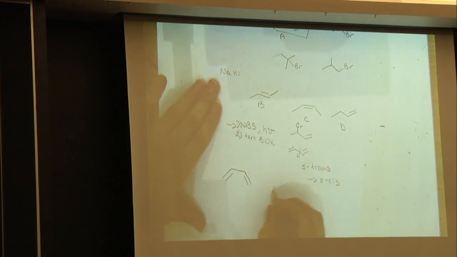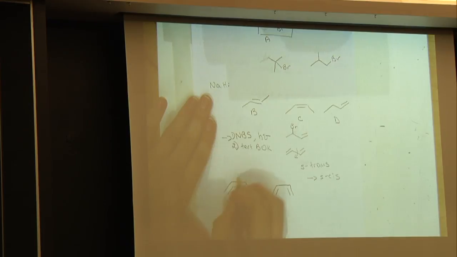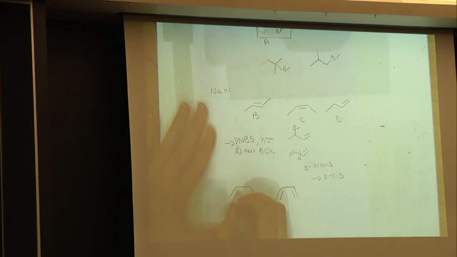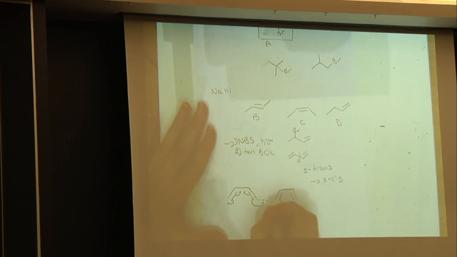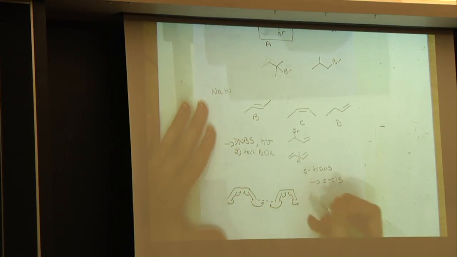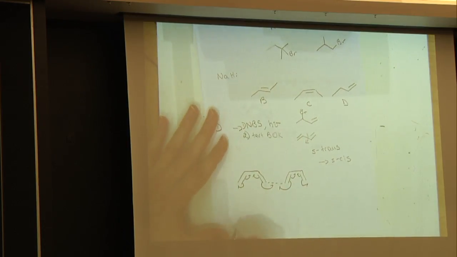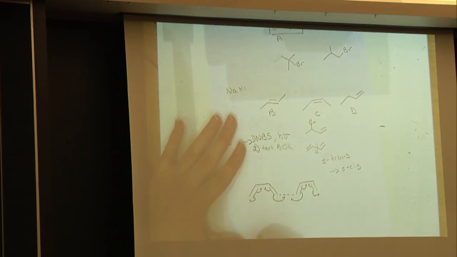But when that is done, we will polymerize this using fishhook arrows. And can you guys see how this can go on and on and on, right? So then I would get a structure that looks like this.